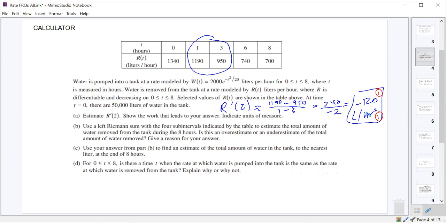All right, part B says use a left Riemann sum with 4 subintervals. So they're just talking about a left rectangular approximation to estimate the amount of water removed from the tank during the 8 hours.